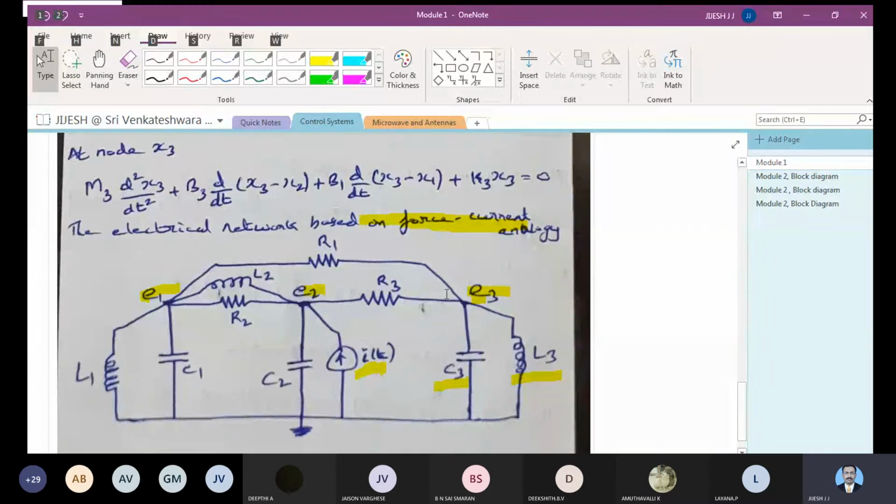We have studied the mechanical network, the force current analogy, and the force voltage analogy, for both rotational and translational systems: how to draw the mechanical network, how to write the equivalent equations, and how to come up with the analogous circuits. We have solved quite a good number of problems, which will help you understand this module in detail.